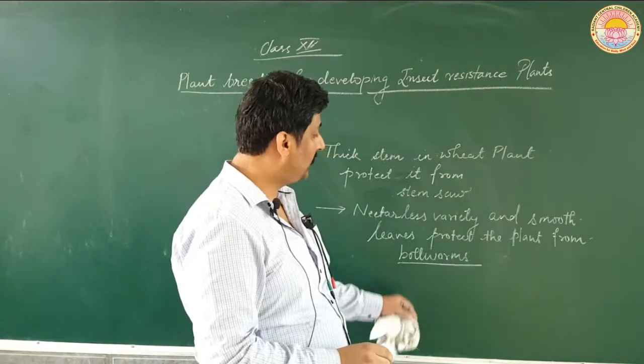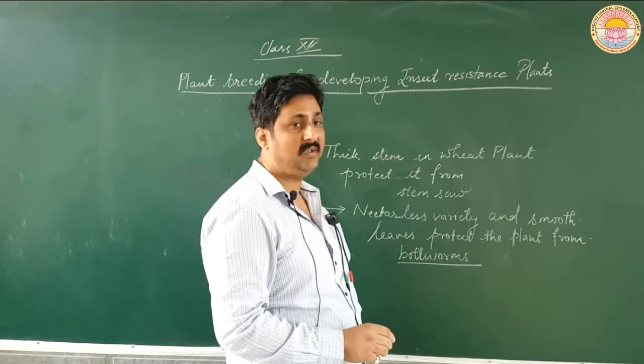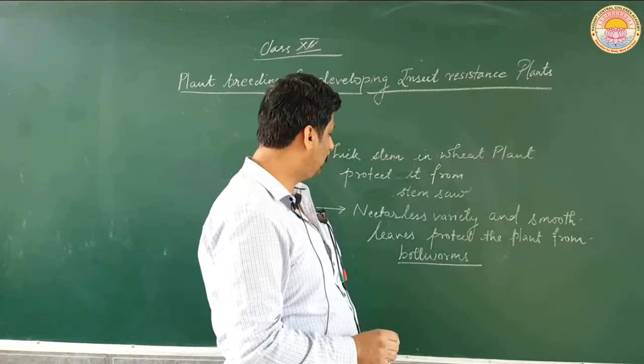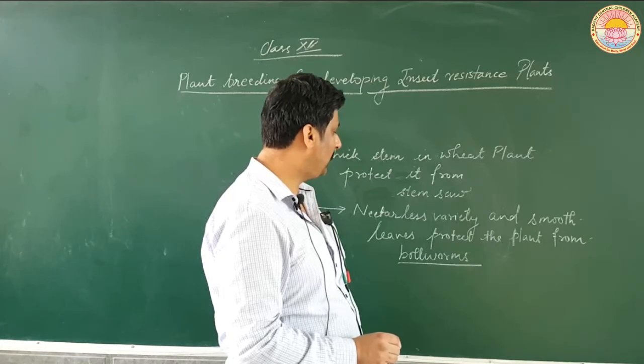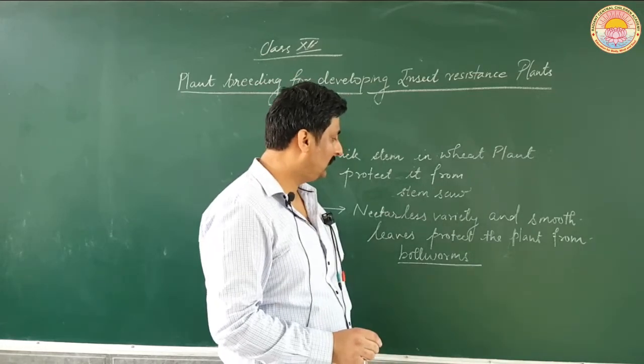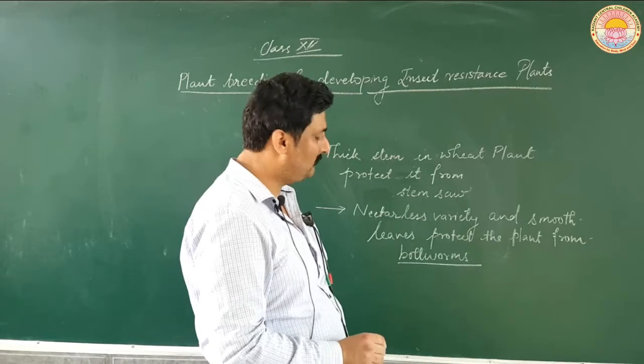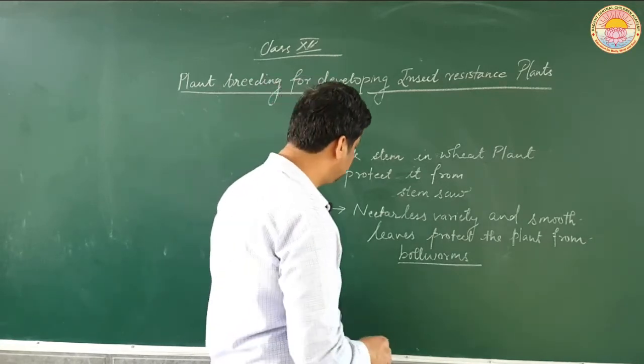See, bollworms are the insects which usually infect cotton plants. So in case of cotton plants, nectarless variety and smooth leaves protect it from bollworms.